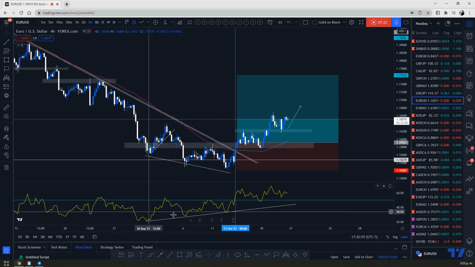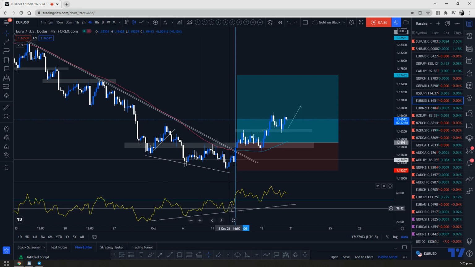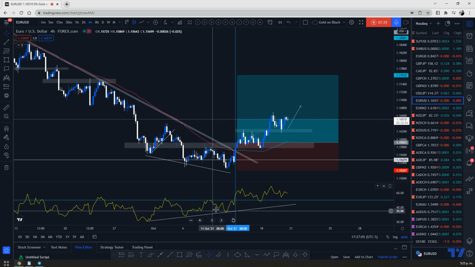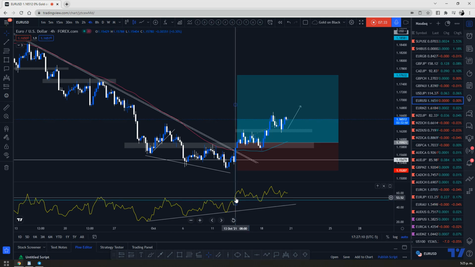Now, what we know is we're still below the 50% of the RSI, right? We need to wait for the market to start showing signs that we want to break above the actual 50% of the RSI.